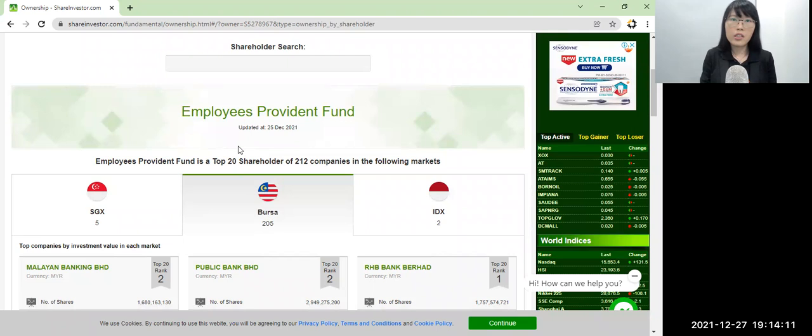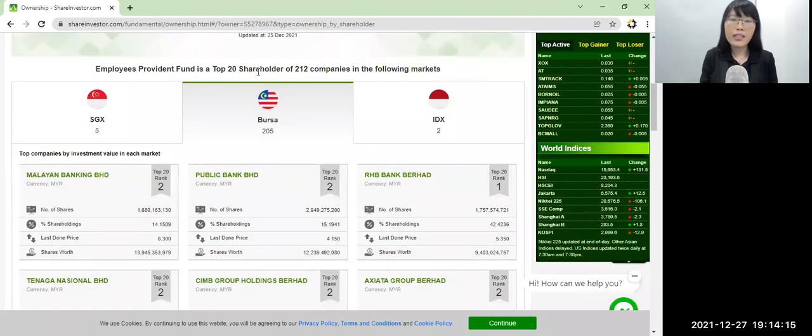After you search, you can see that EPF is among the top 20 shareholders of 212 companies in the following markets. There are 205 in Bursa, 5 in Singapore Stock Exchange, and another 2 in IDX.